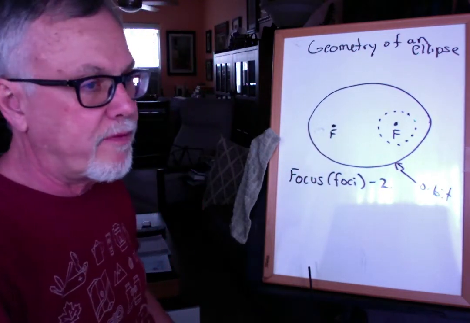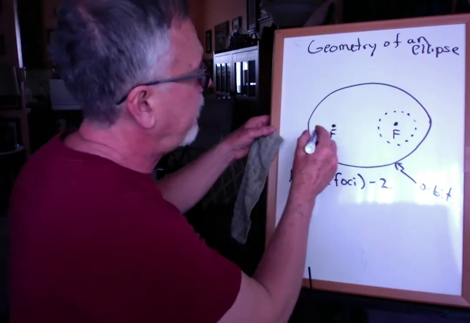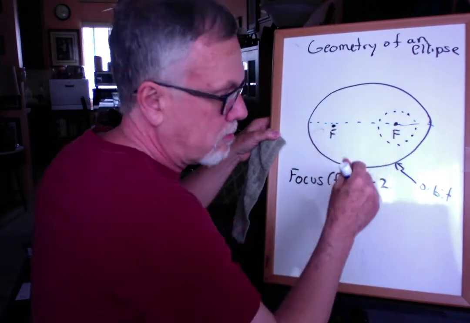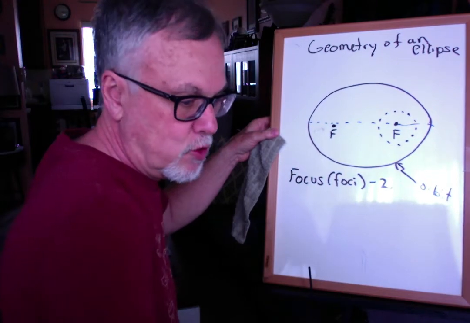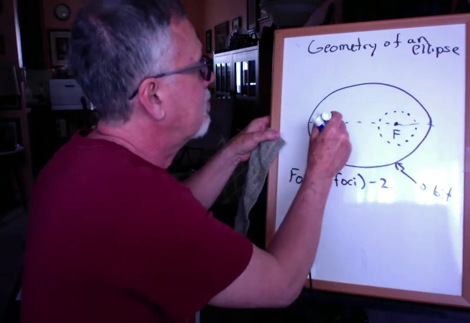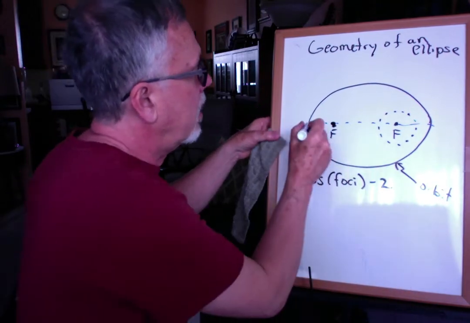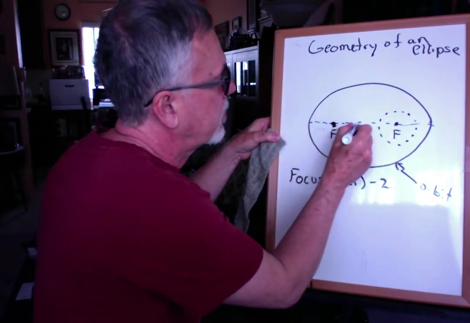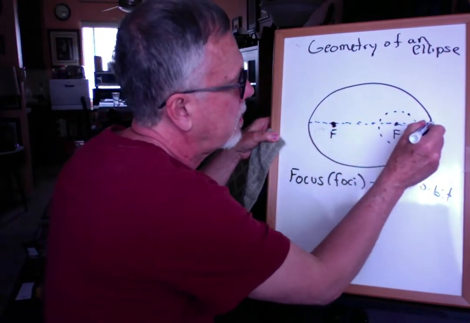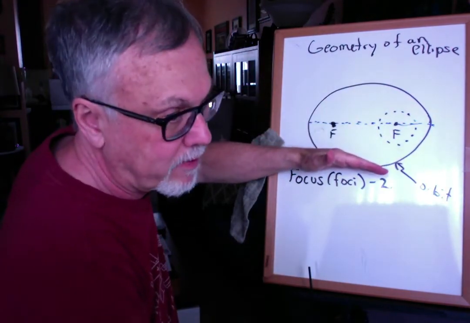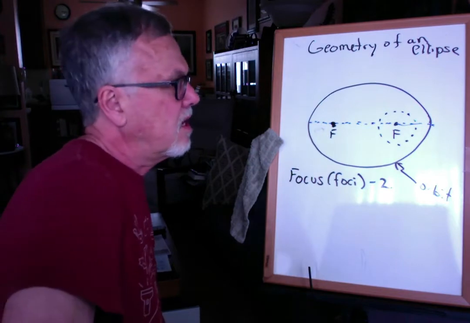So let's define a few things. If I would draw through the two foci, let me kind of do a better job. You know my drawing, guys. It's really crappy. So when I draw a line that passes through the two foci, if it was drawn correctly, this half should look exactly like that half. We say it looks symmetric.